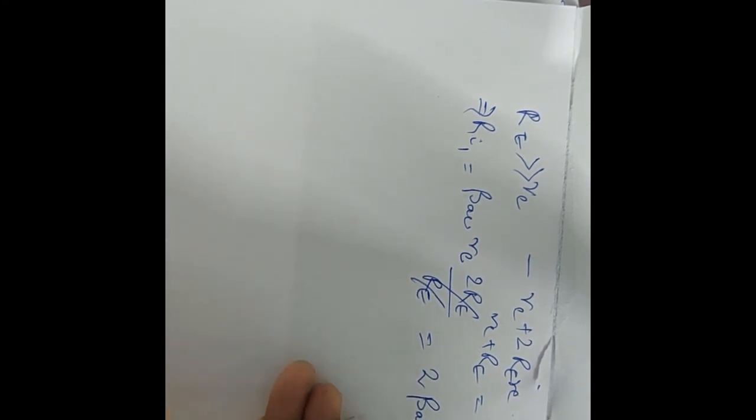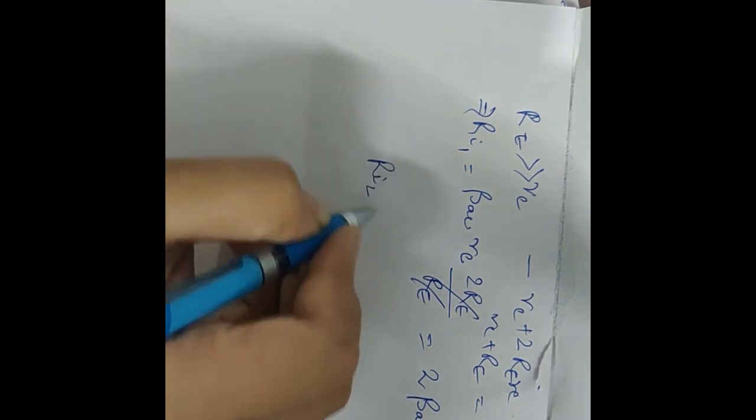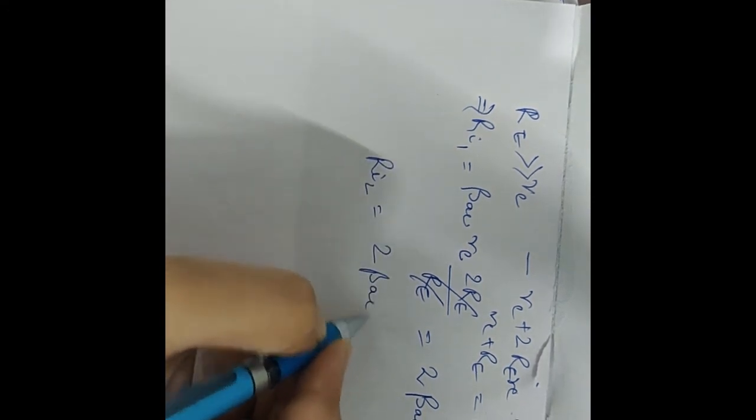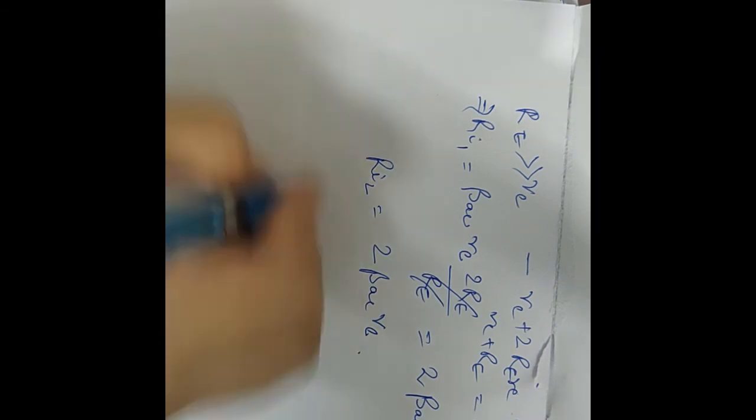Similarly, we will get the value of RI2, which is nothing but beta AC times RE, right?